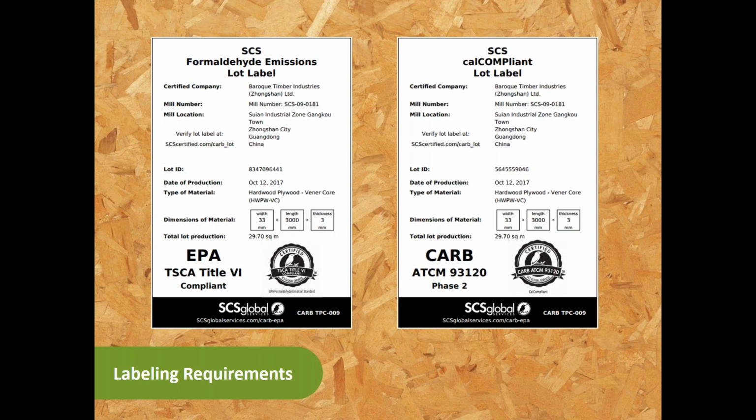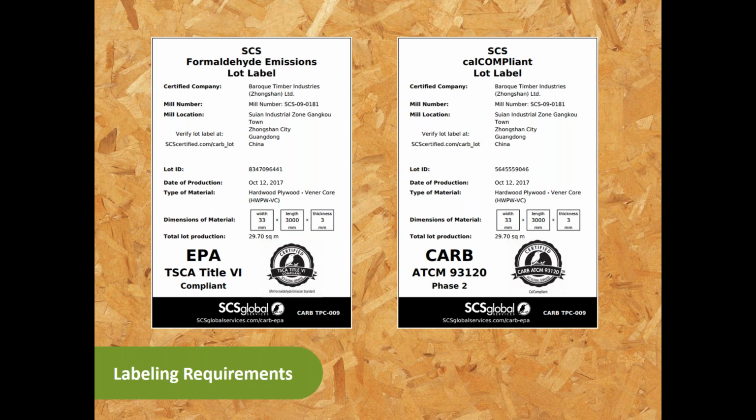Next slide. To comply with labeling requirements for panel producers, SCS also creates lot label templates for sticker use on products. In this example, there are two examples for EPA compliance and CARB compliance.